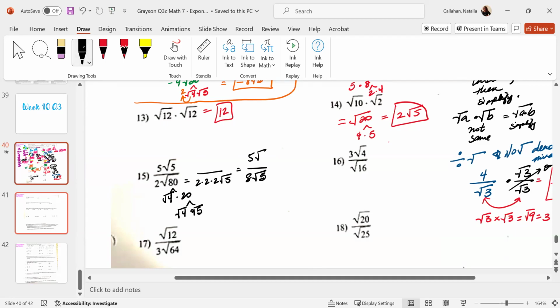It's 8 square root of 5. Now, do I have a square root in the denominator? Yes. How do I get rid of it?